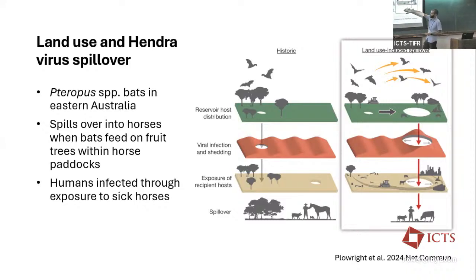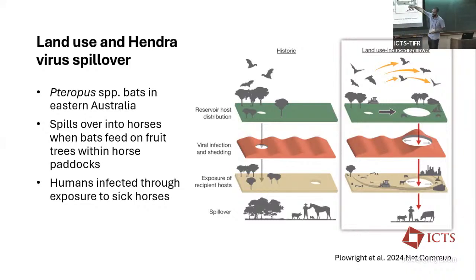And this diagram that I was showing you before really fits Hendra, right? Hendra has probably existed in these bats for millions of years. They were shedding this virus into the environment occasionally, but no one was there to receive it, right? So there were really no spillovers perceived at all. We didn't know anything about it.